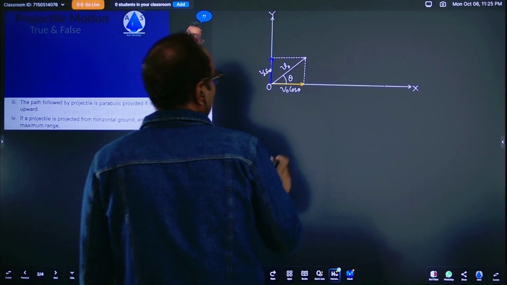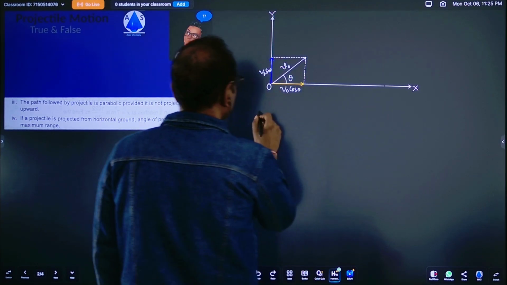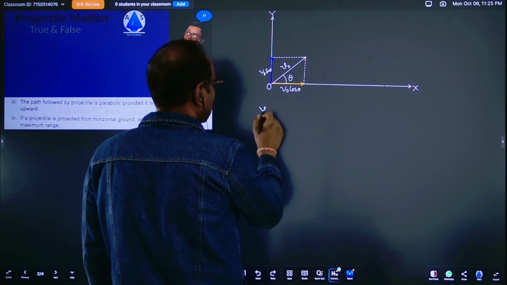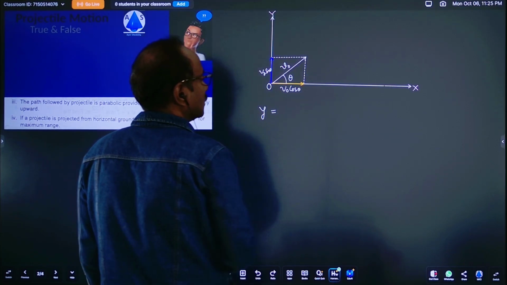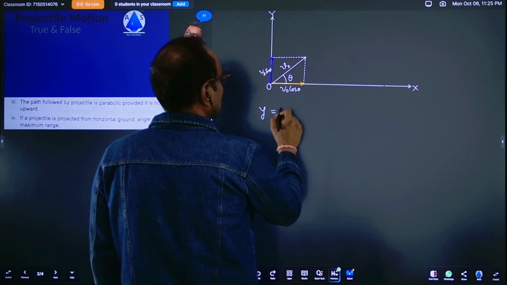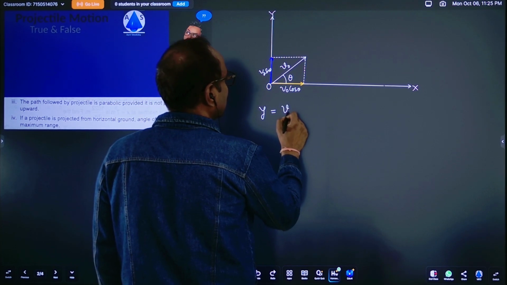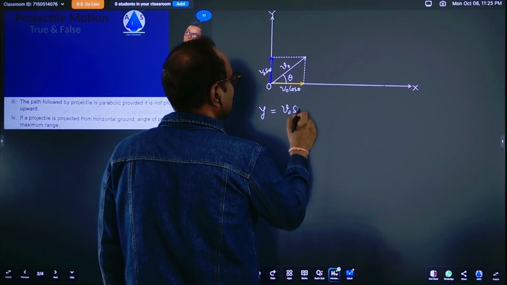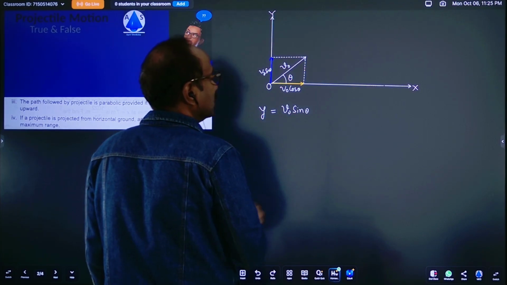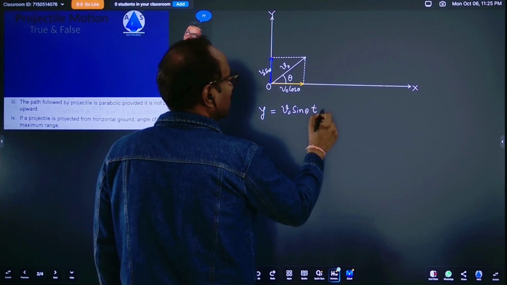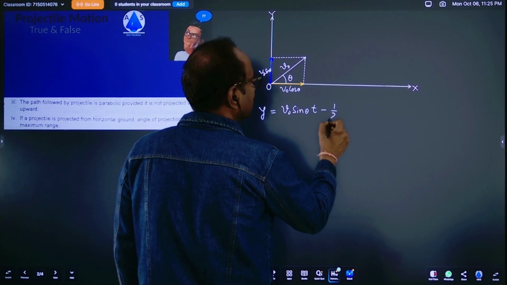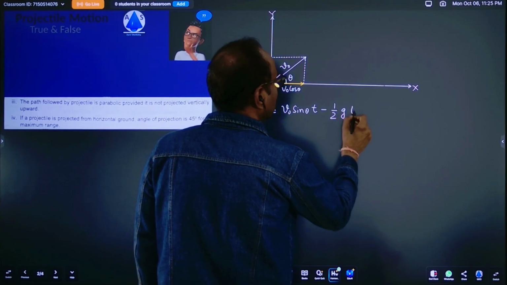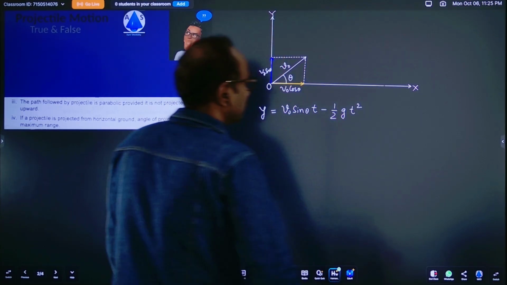So how do you write the equation for y? Initial velocity in the y direction, that is v naught sin theta, into t minus half g t square.